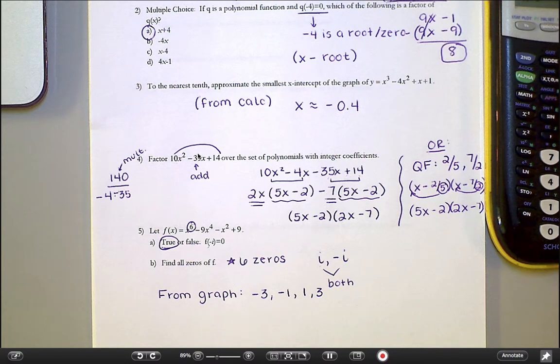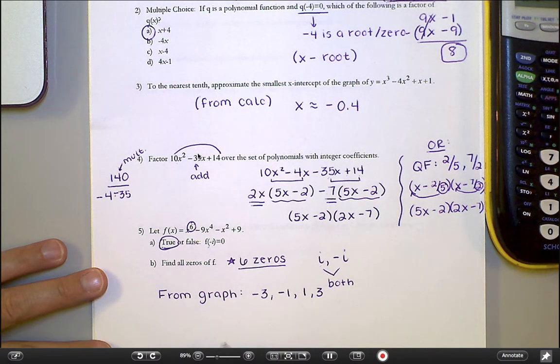Okay, so as a final answer, all 6 of my zeros would be -3, -1, +1, +3, i, and -i. Okay, those are my 6 zeros.